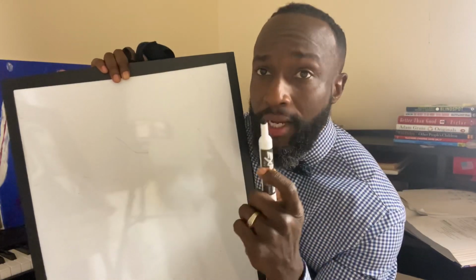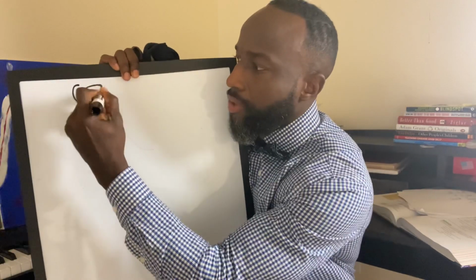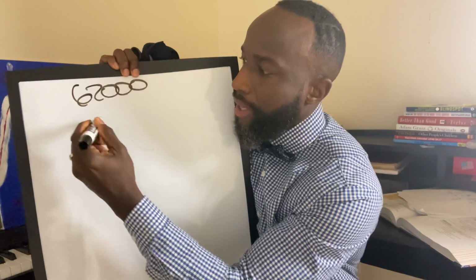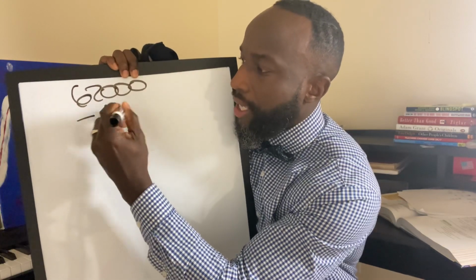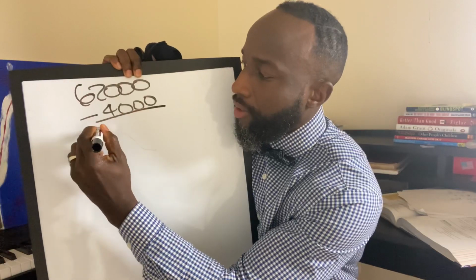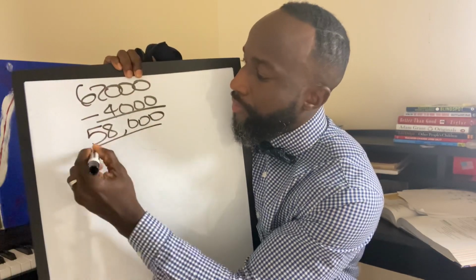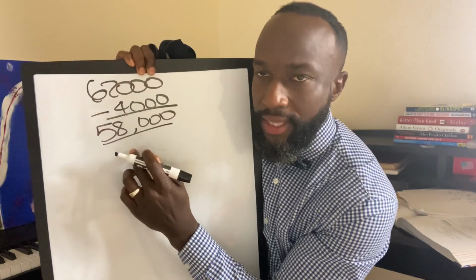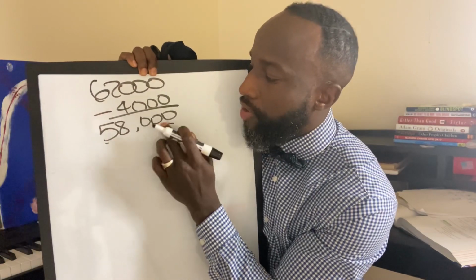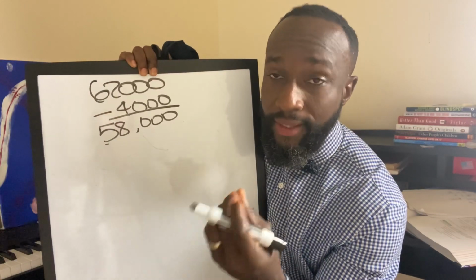She paid $4,000 in a retirement account, an IRA, which makes her adjusted gross income $58,000. That's the amount you start from once we think about our deductions.